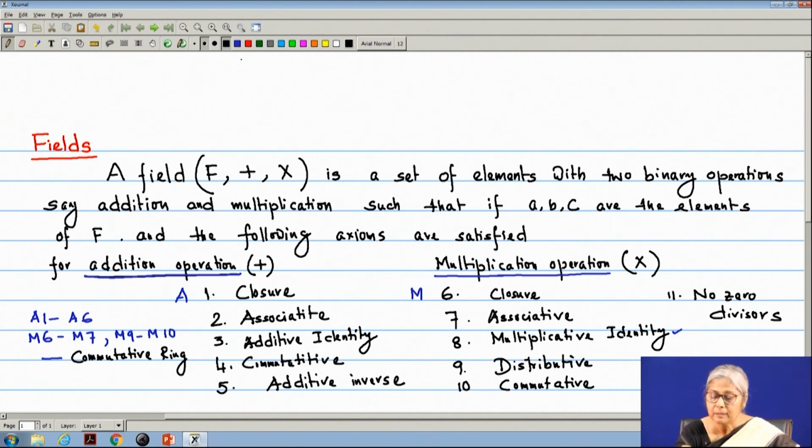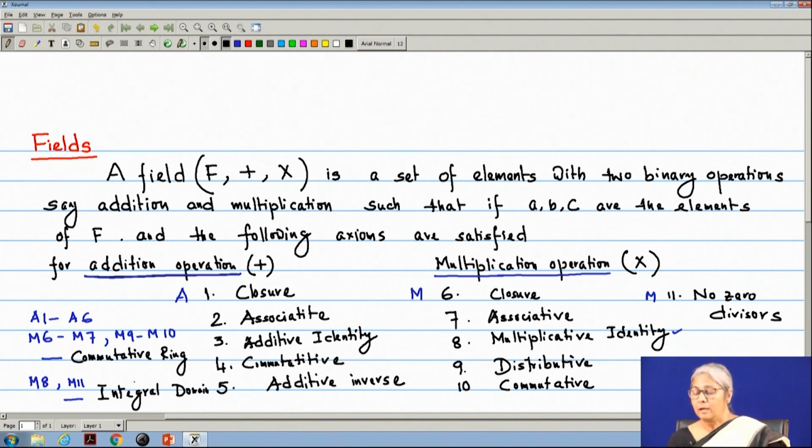And now, if I add two more, M8, the multiplicative identity, and M11, no zero divisors, then I can tell that this is the integral domain.